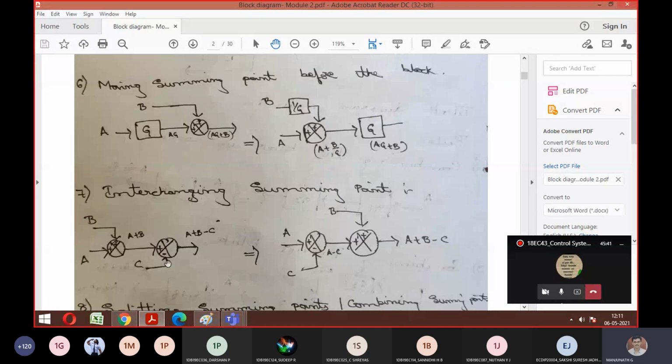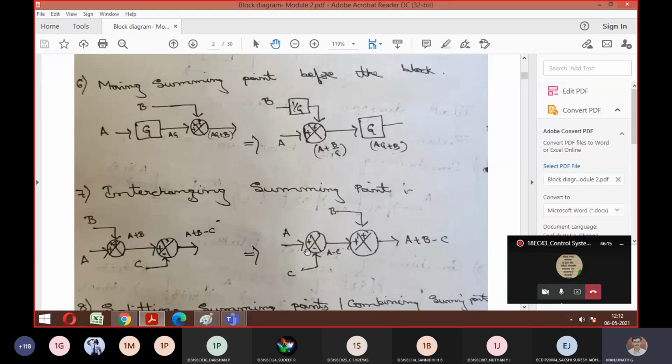So now we have to interchange these two in such a way that the output should not get degraded, right? So look at what has happened. Interchanging has happened, right? You can see this c came first and this came second. So if we do this first, a minus c. Then the ultimate goal is to get a plus b minus c.